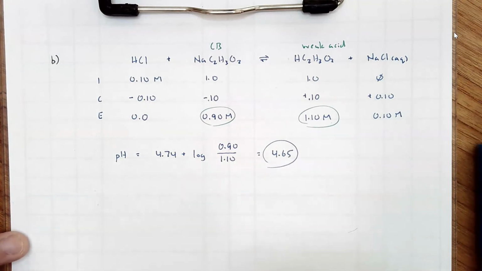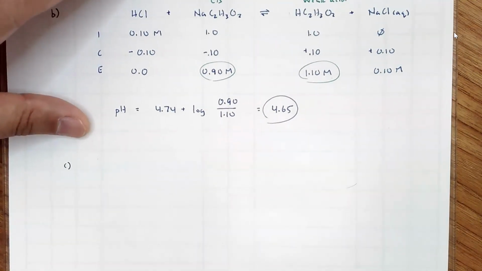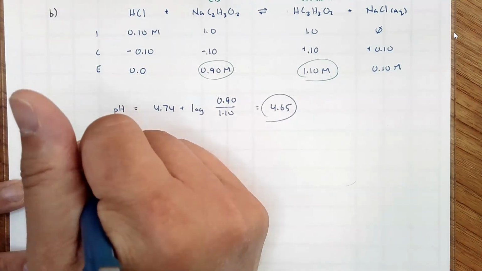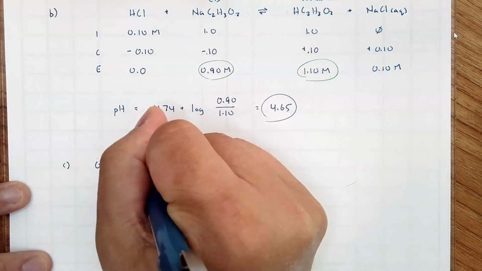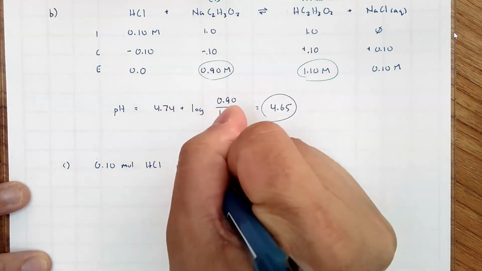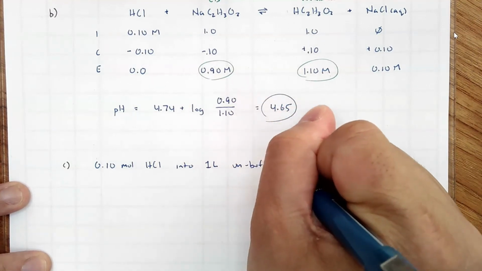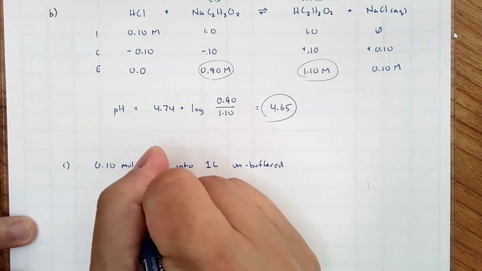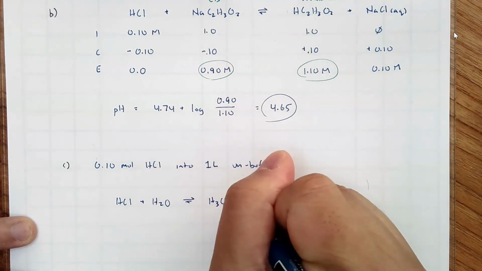Now if it wasn't buffered, if we added the acid to an unbuffered solution, what do we get? How much acid did we add? We were adding 0.10 moles of HCl into 1 liter now of unbuffered water. Well, you know your equation. HCl plus water goes to H3O plus Cl minus, right?